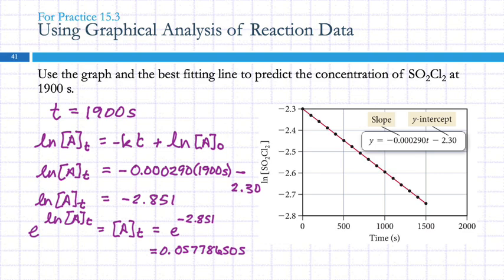Sig fig rules aren't super helpful here because we've got natural logarithms, and so it's like, I don't know. So what I would do is write down plenty of digits and then just use the other numbers that were given and get a ballpark correct number of sig figs, okay?